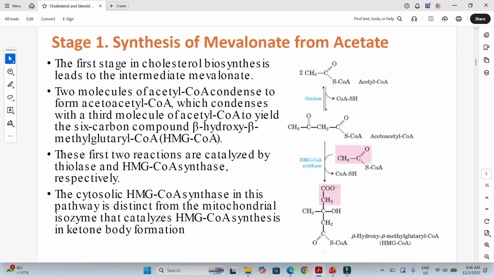Of course, I want you to notice that the coenzyme A at this carbon atom has been hydrolyzed. That's why you end up releasing another molecule of coenzyme A.